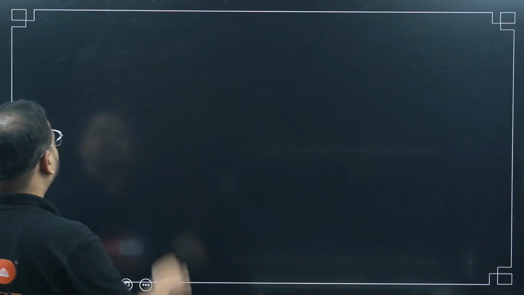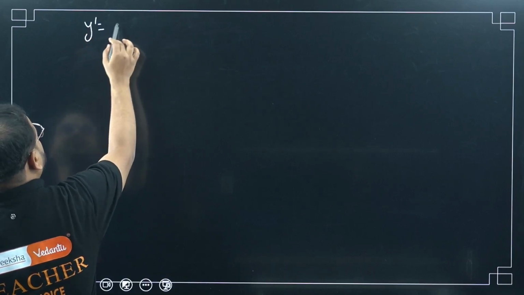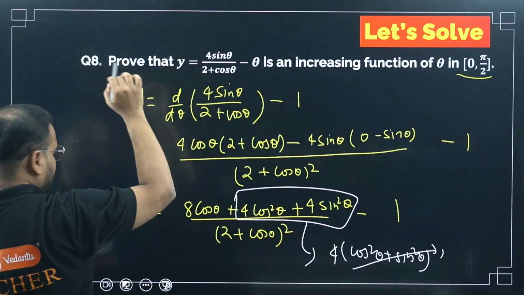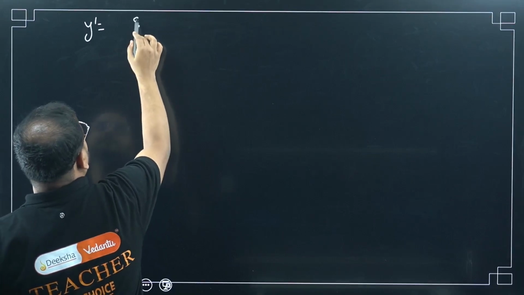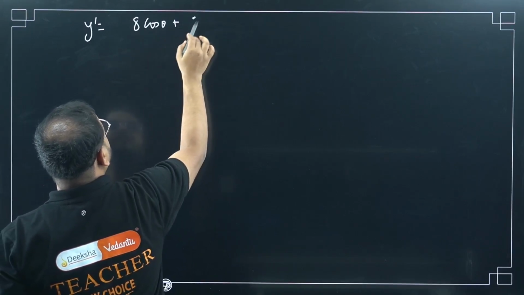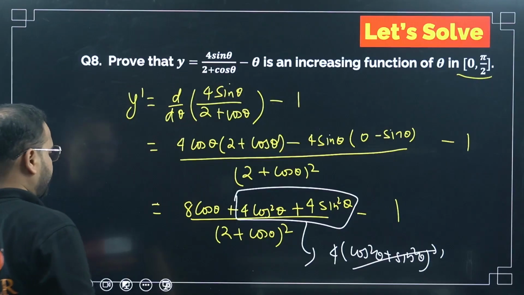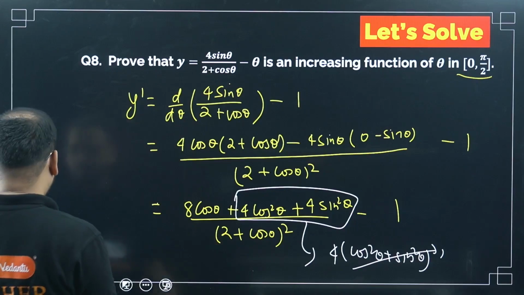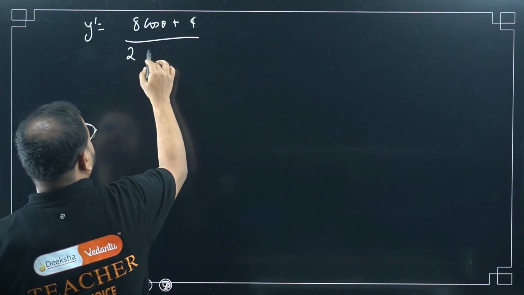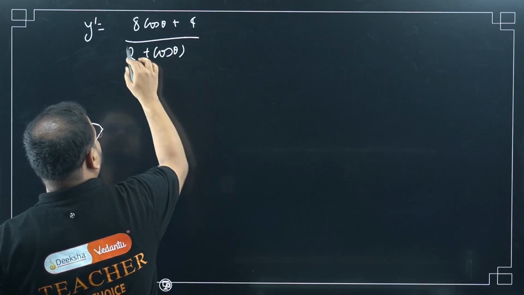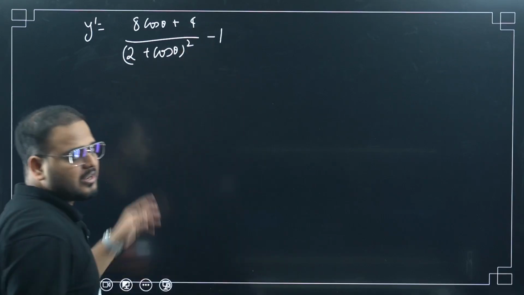So I can rewrite this as y dash equals to what is it? 8 cos theta plus 4 upon 2 plus cos theta the whole square minus 1. Am I right? Now take the LCM again.